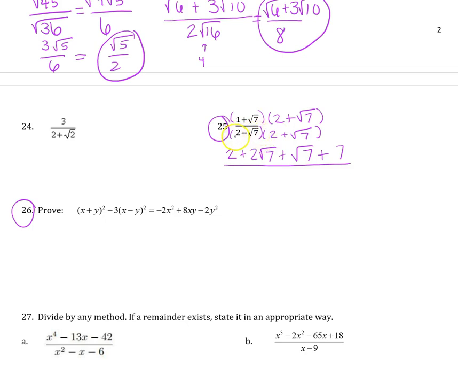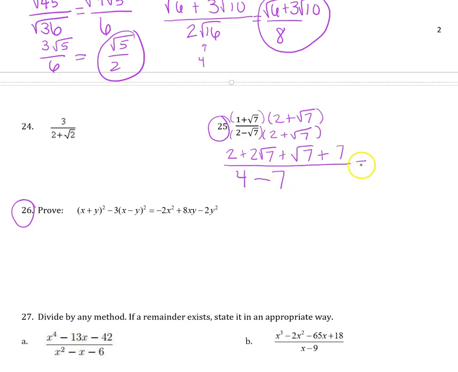So I've got 2 and 2, that gives me 4. Okay, my middle terms give me my inner and my outer. I've got 2 times negative radical 7, so that's 2 negative radical 7, positive 2 radical 7. So those are going to cancel each other out. So I'm left with minus radical 7 times radical 7, which is radical 49, or 7.